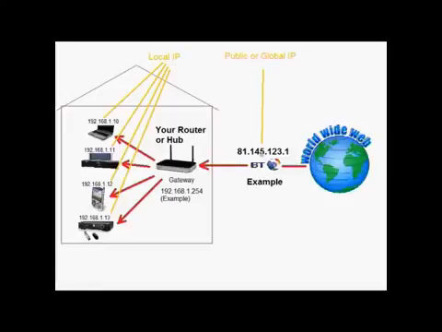These two have one thing in common: both of them can be either static or dynamic. If you have a dynamic IP, it means this IP address might change, depending on your internet provider or the length of time that you are online or your router is connected to the internet.